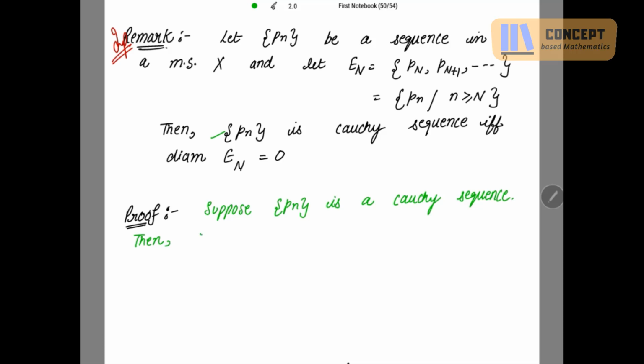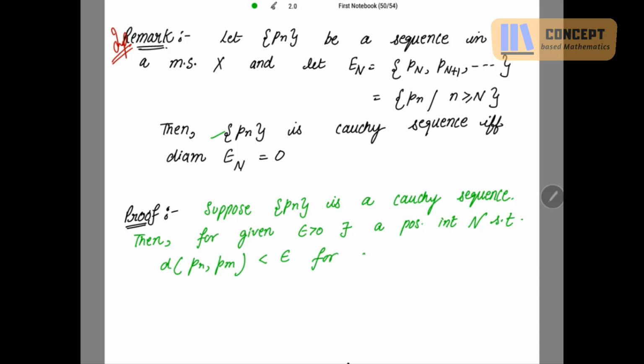Then, for given epsilon positive, there exists a positive integer N which depends upon the value of epsilon such that the distance between the terms of the sequence Pn and Pm is strictly less than epsilon for n, m greater than or equal to this positive integer. Clear?